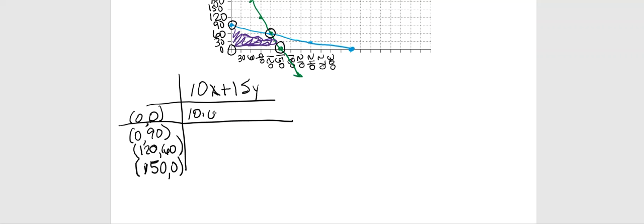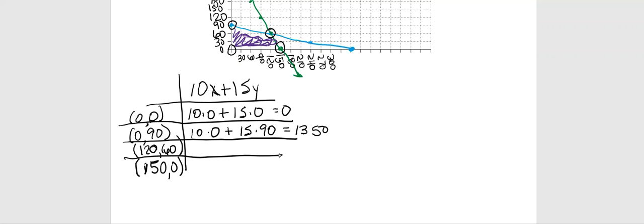So 10 times 0 plus 15 times 0 is 0. 10 times 0 plus 15 times 90 is 1350. 10 times 120 plus 15 times 60.